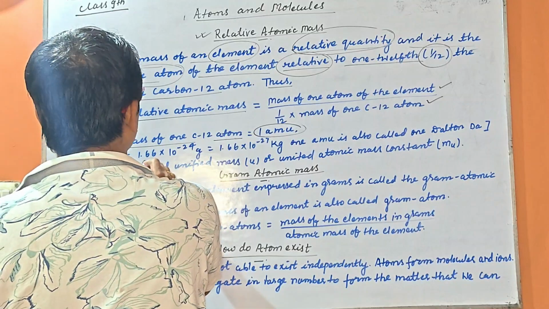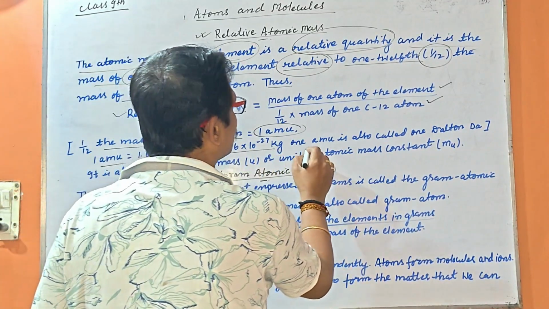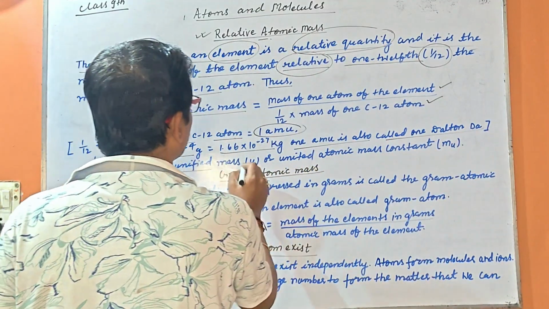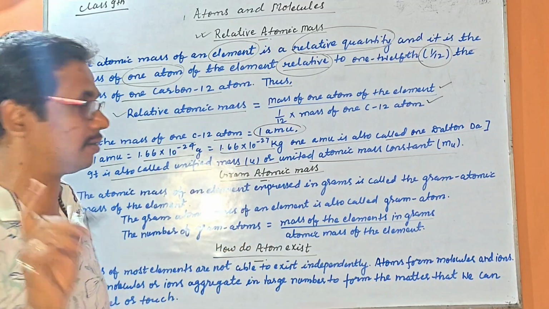So 1 u is equal to 1.66 × 10^-24 gram. 1 u is also called 1 Dalton. It is also called the unified atomic mass constant. So this is all about the relative atomic mass.